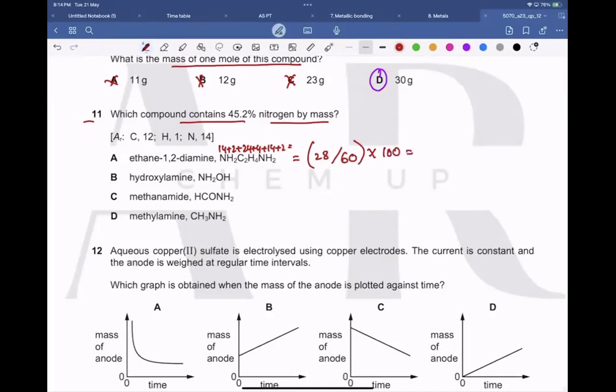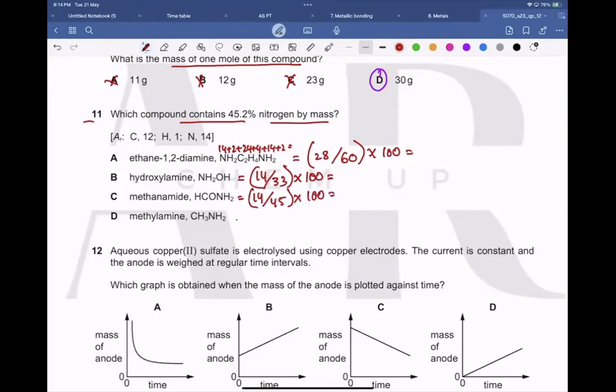Calculate the percentage. Over here, 1 nitrogen, so 14 divided by 14 plus 16, 30, 30 plus 3, 33. Multiply by 100, you will get the percentage of this one. Can anyone calculate the percentage in the sequence? So 14 over 30, 30 plus 12, 42, 42 plus 3, 45 times 100.